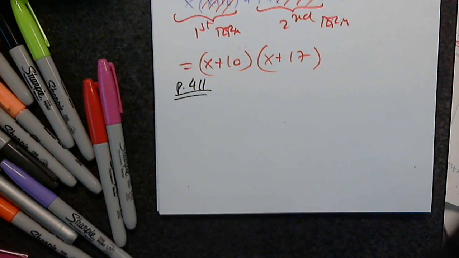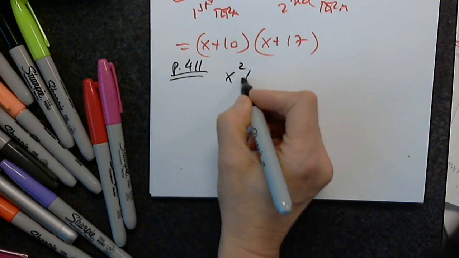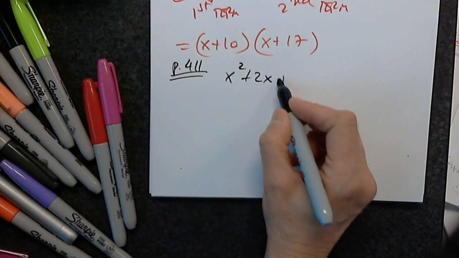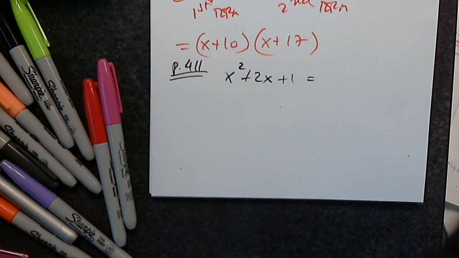I don't see what I'm looking for at all. Yes. Okay. x squared plus 2x plus 1. That's the type of problem I wanted to start with. Okay, first question. What is it?